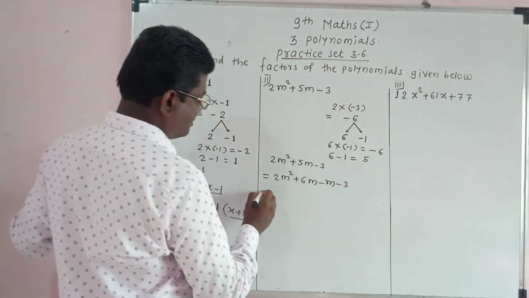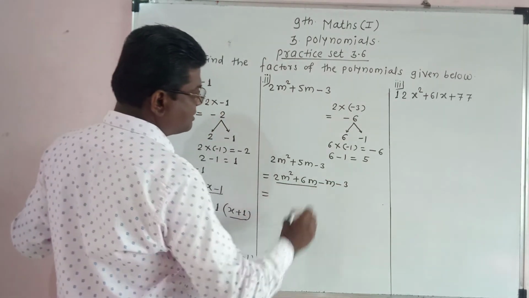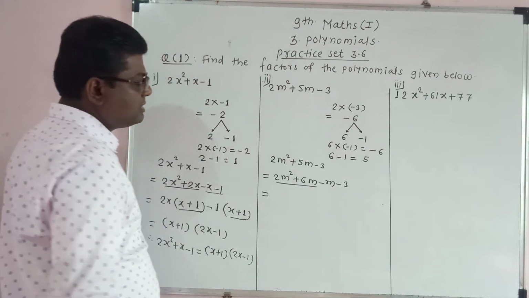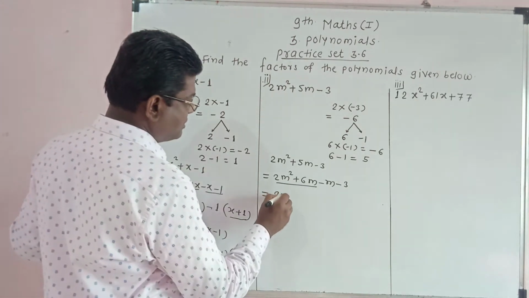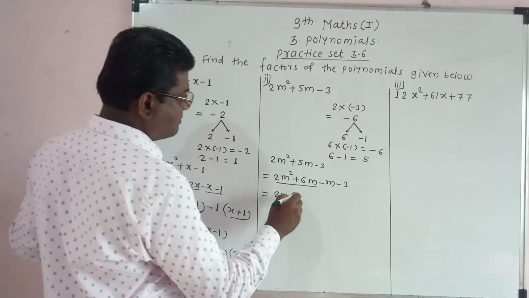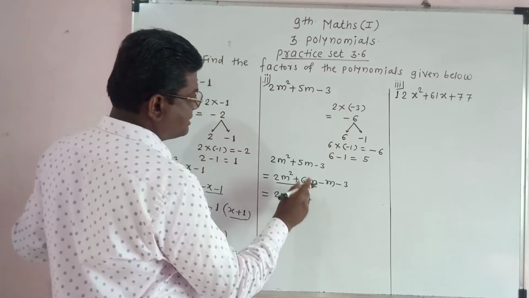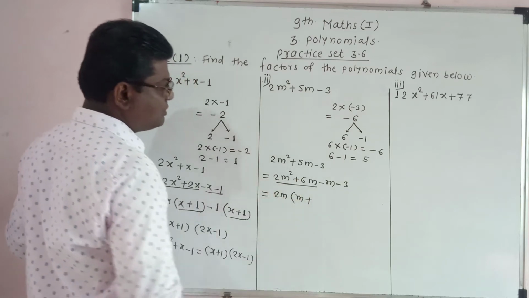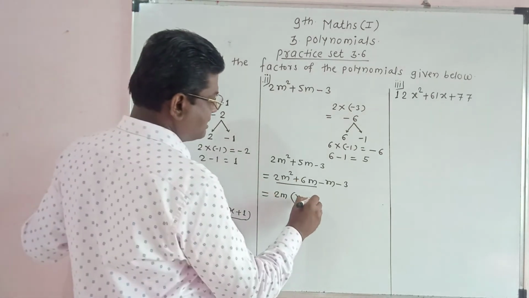Take 2m common in these two terms, therefore 2m in bracket, 2m square upon 2m will be m, plus 6m upon 2m will be 3.